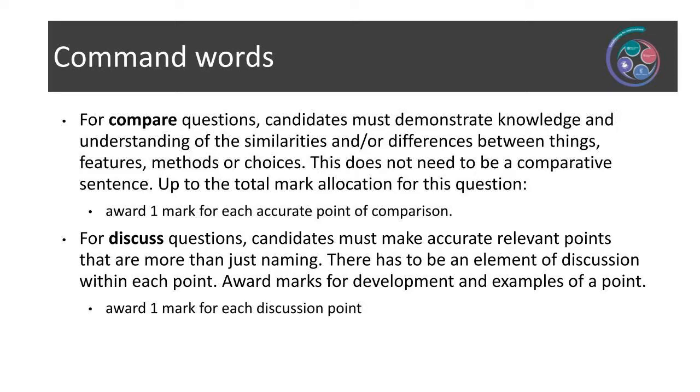So you're building up your answer, and you're giving detail and an explanation behind it. So you're only going to get the marks there if you've developed your answer on. You're going to get 1 mark there for each discussion point that you make. And of course, the question will tell you how many marks are available.